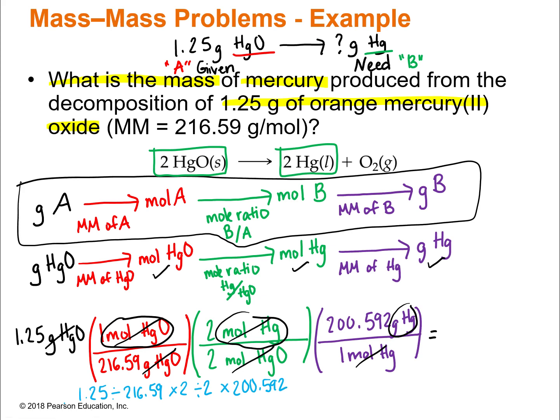So that's all the different functions that you have to do. Depending on your calculator, you may need parentheses somewhere along the way. With sig figs, which remember, we do need to think about those, we've only got 3 sig figs in the problem, so our answer should have 3 sig figs as well.